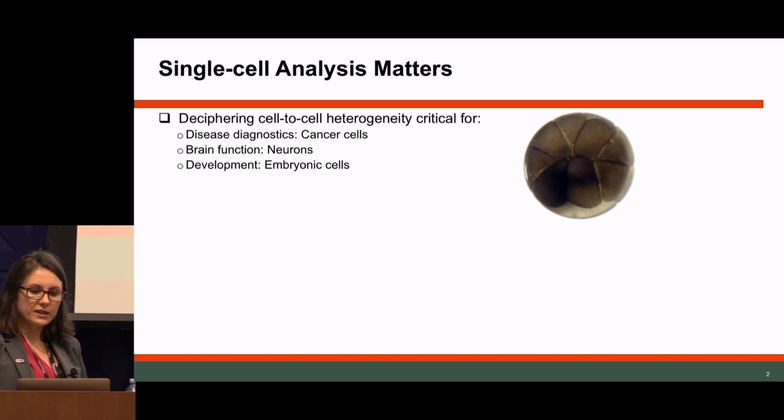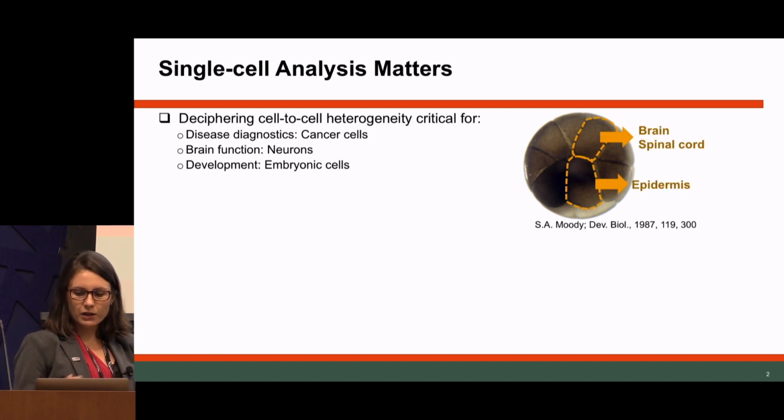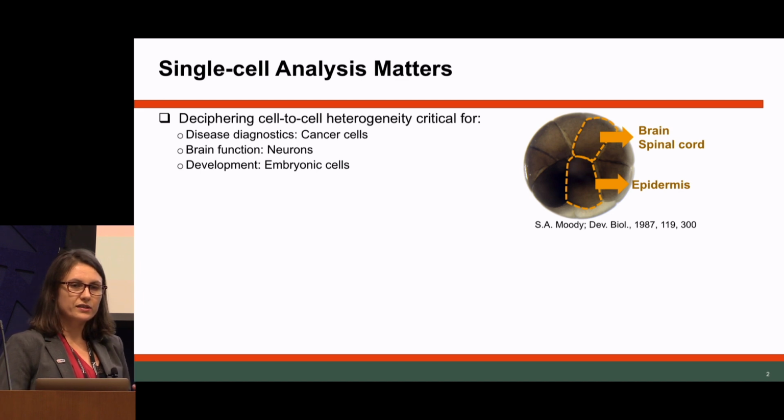But what is very interesting in the model we use the most in our lab, Xenopus, is that even early on, when those cells are not differentiated, they are known to give rise to very specific tissues later in development. So one of the questions we want to ask is whether those different fates are characterized by molecular heterogeneity in those early embryos.